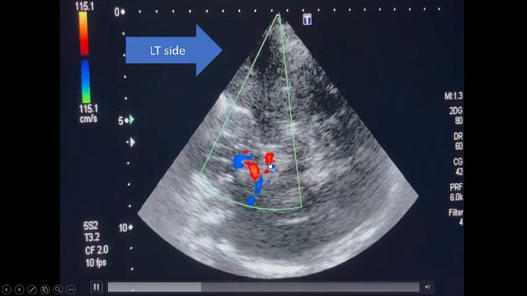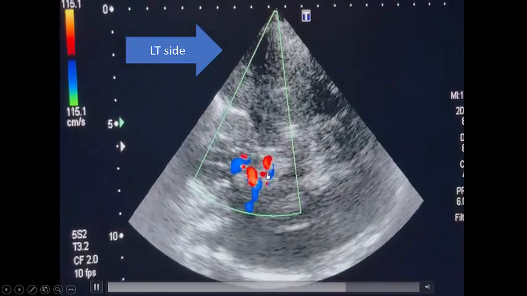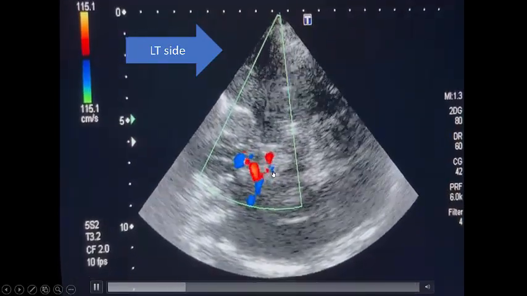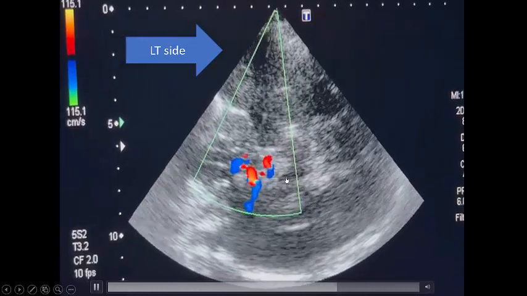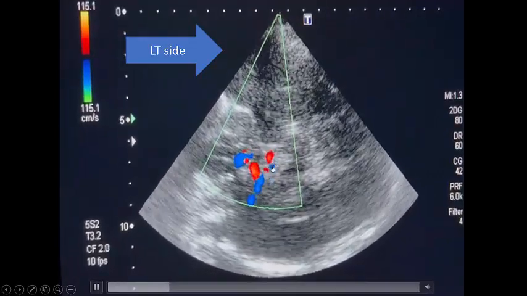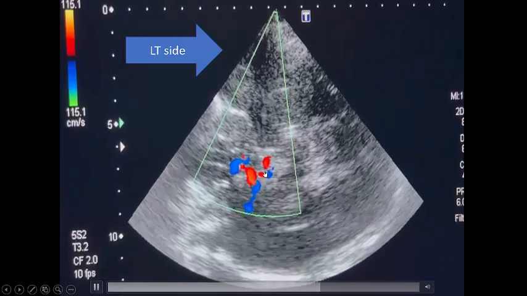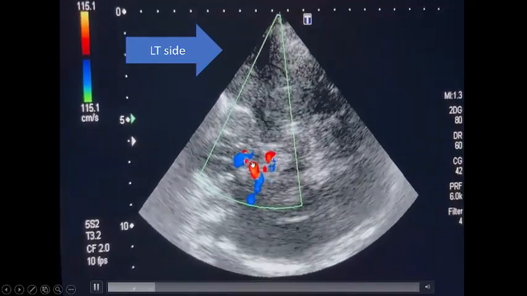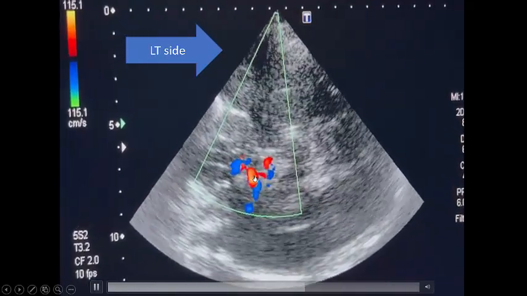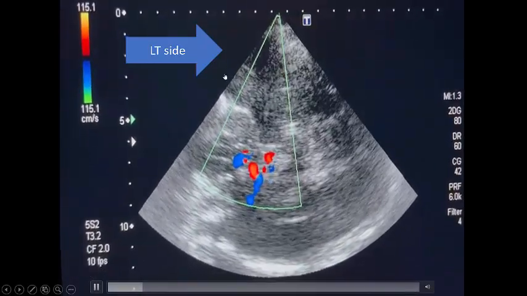You see here, this is the posterior cerebral artery. Here is the left, and here is the right, and there is increased flow in the right side. I'm here in the right side, no left side flow at all.